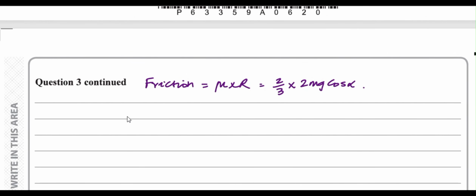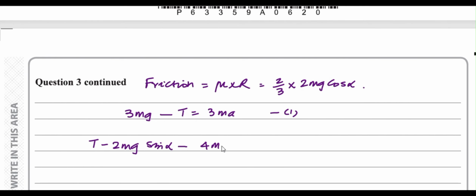Therefore, the two equations can be rewritten now as 3 mg take away T is equal to 3 ma, and the second one T minus 2 mg sin alpha minus the frictional force, which becomes 4 mg cos alpha over 3, is equal to 2 times ma.